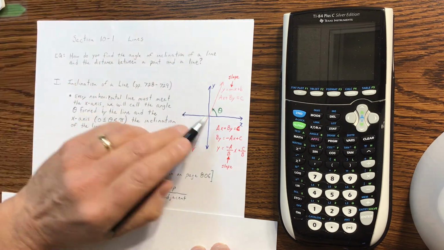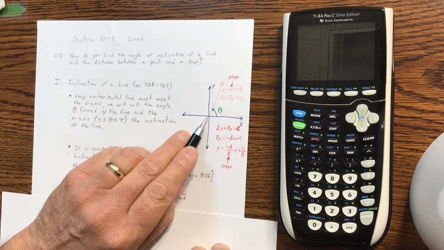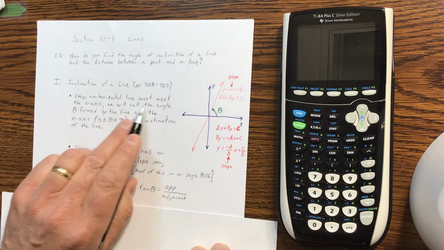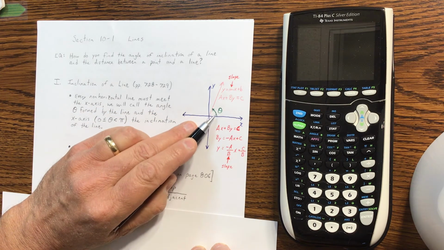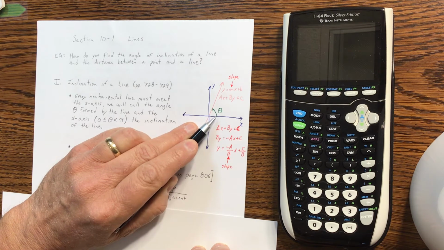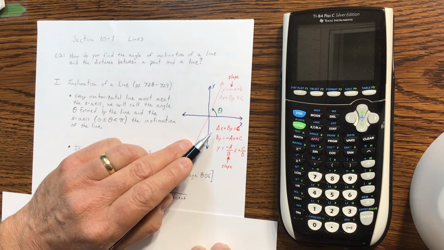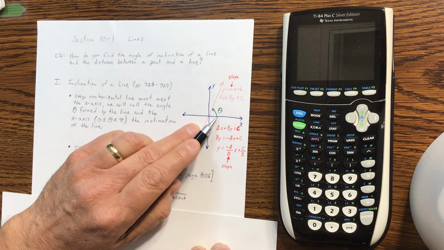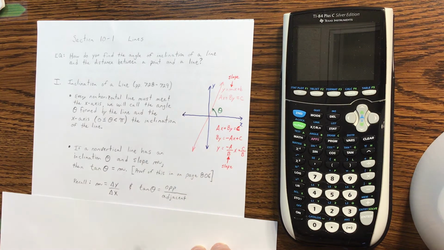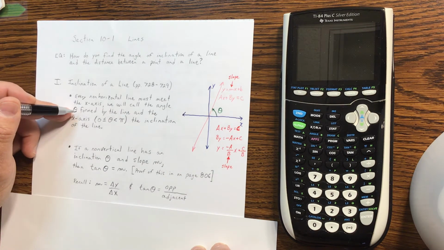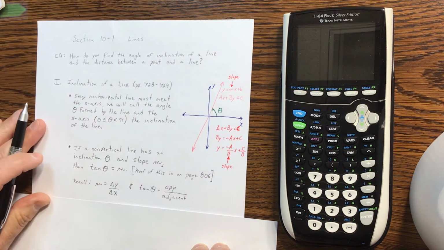What we are trying to do is find that angle between the x-axis, that's what this first line is, and the line, and we'll call this angle theta. And theta is going to be between 0 and pi. So our theta here is going to be from 0 degrees all the way up to 180 degrees. That's our theta. You guys with me so far? That's what we're talking about. We're trying to find this guy right here using trig.